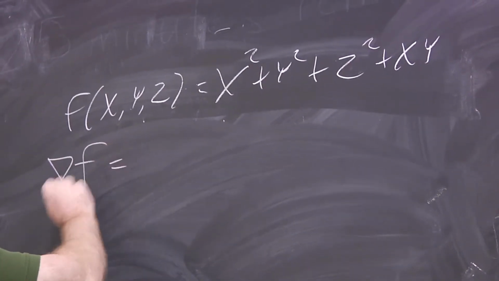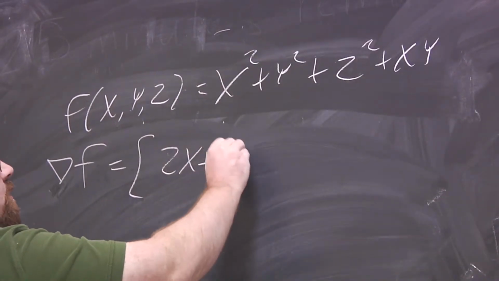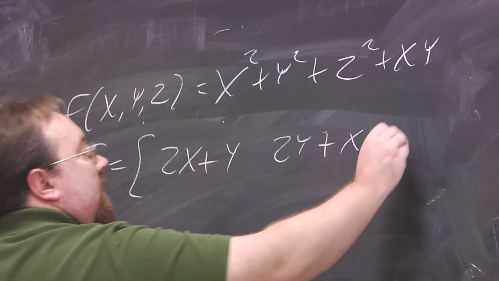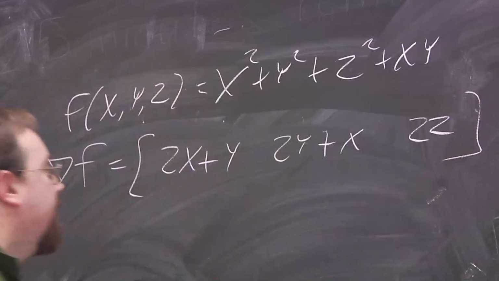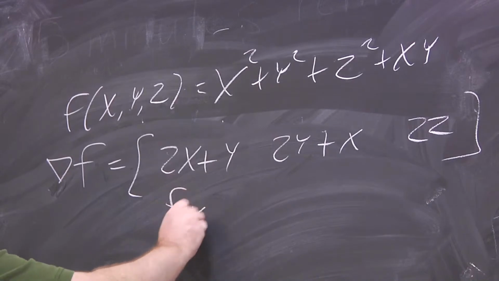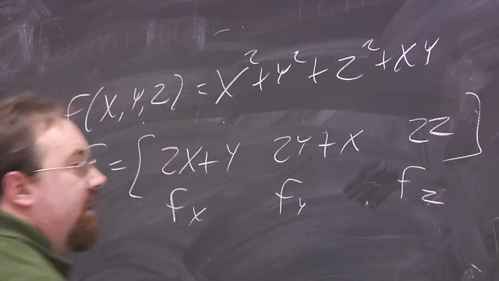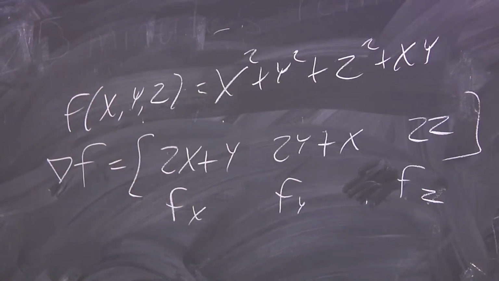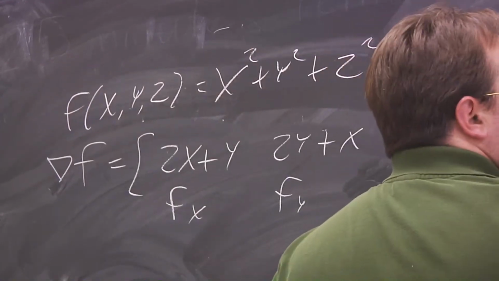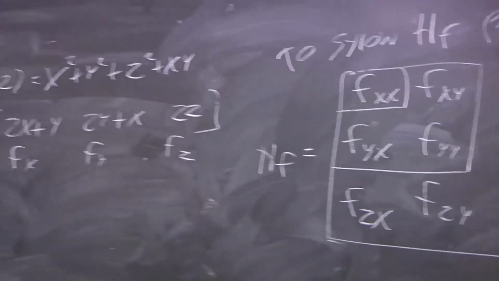So the gradient of f is going to be 2x plus y, 2y plus x, and then 2z. So this is fx, fy, fz. So now, let's fill in this matrix of second partial derivatives from what we have here.